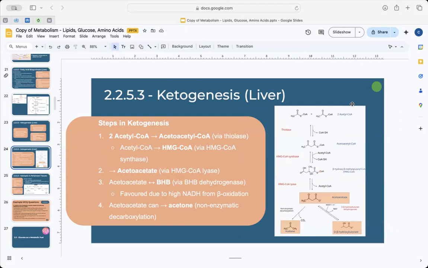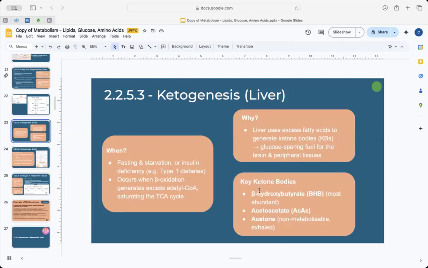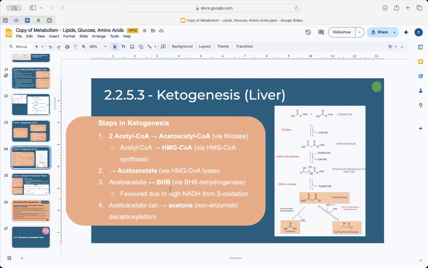Then you've got acetoacetate formation, and then acetoacetate forms beta hydroxybutyrate. It's just abbreviated on this side. Sorry, and that's favored due to high NADH from beta oxidation. And then acetoacetate can form acetone in non-enzymatic decarboxylation.